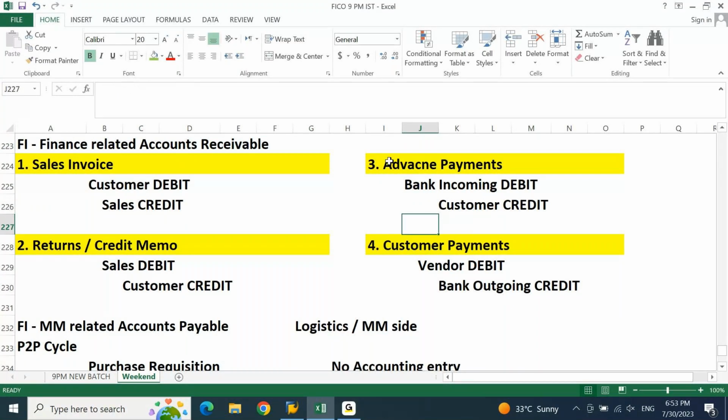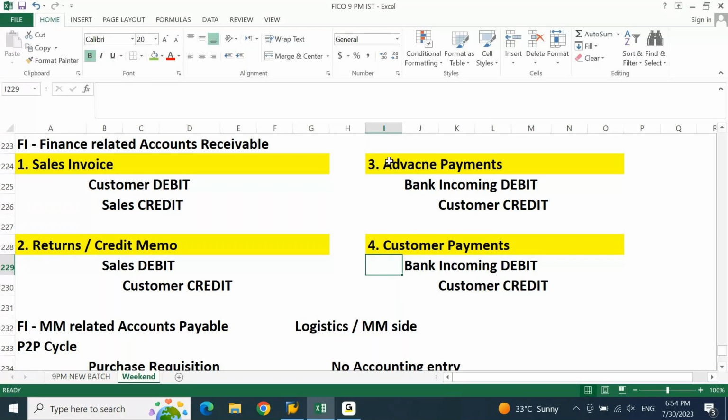When you receive advance payment, bank incoming account will be debit, customer account will be credit. Similarly, whenever you receive any payment from the customer, the accounting entry will remain the same because the nature of the business process is similar, whether it is an advance payment or a normal payment.